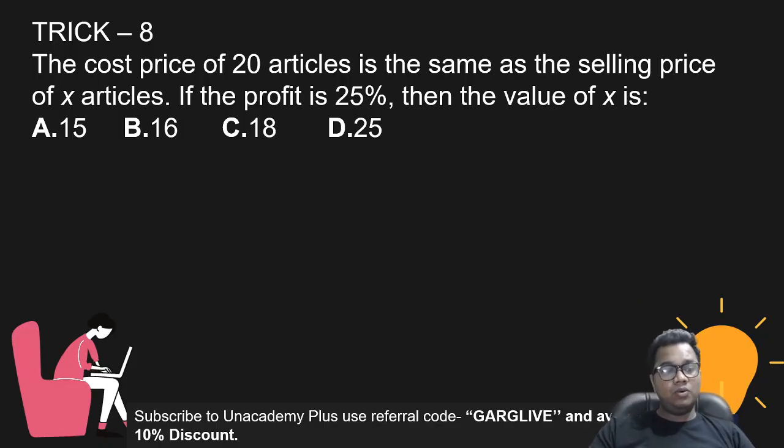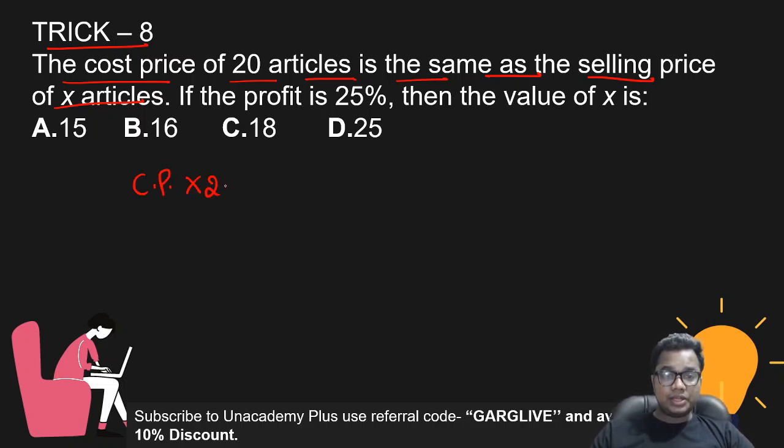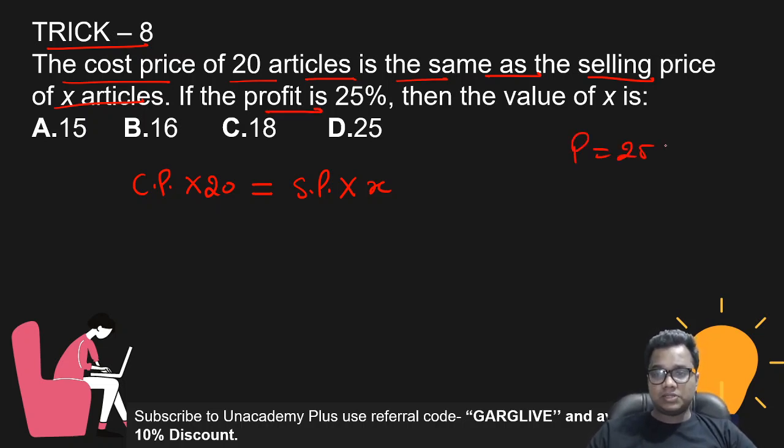Now, the trick is what? The cost price of 20 articles is the same as the selling price of X articles.